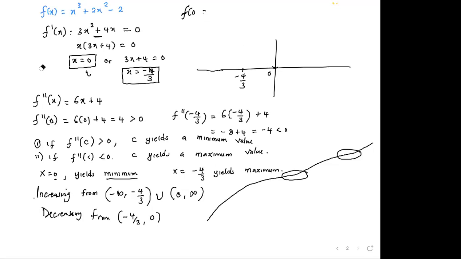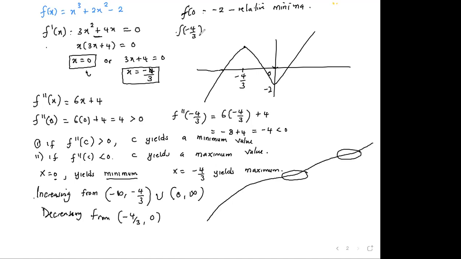The graph is supposed to be such that this is the turning point, so it will come like this, and yes, this is -2. So when you substitute there, we got -2. So this is the relative minimum.